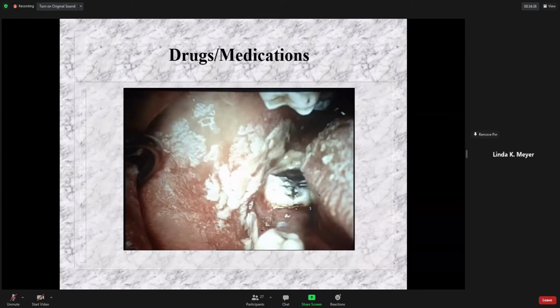And this was the aspirin burn I was talking about earlier. Here's the bombed out tooth, the topical application of the aspirin, and the consequence is the aspirin burn.